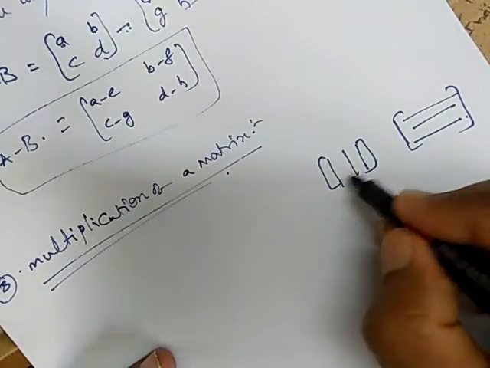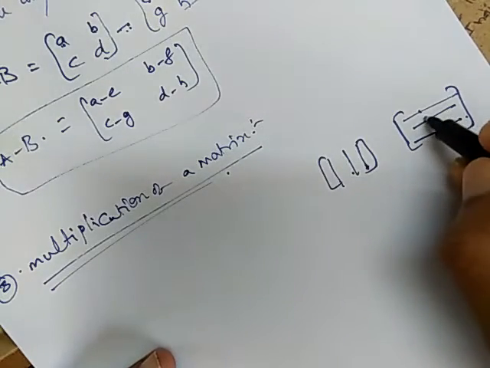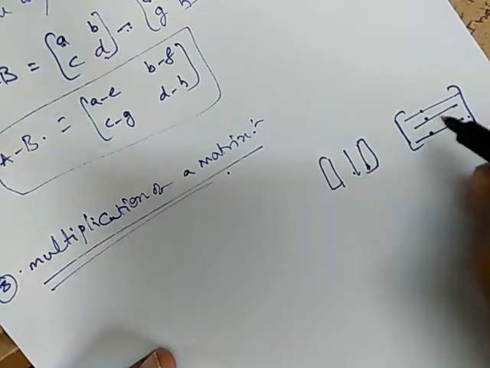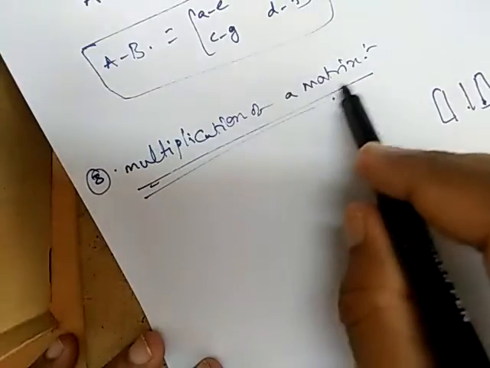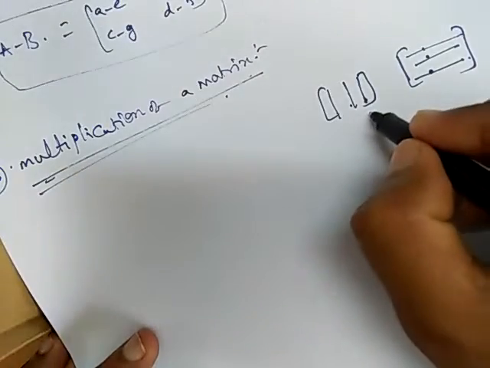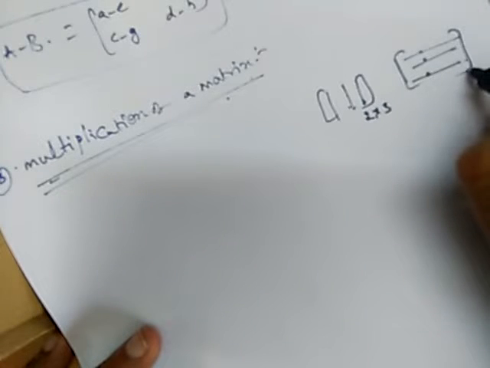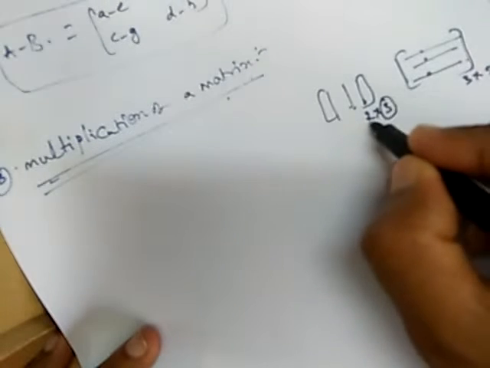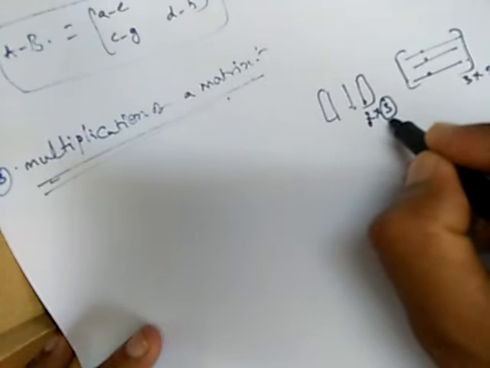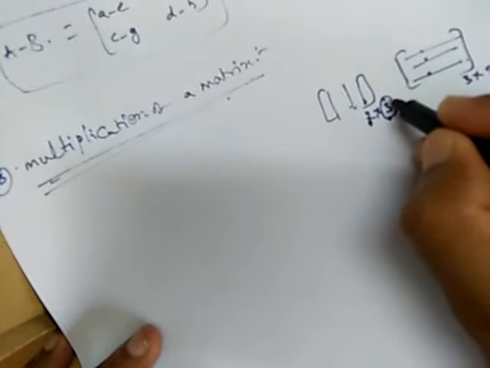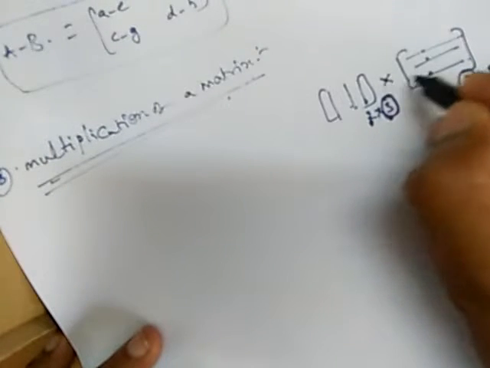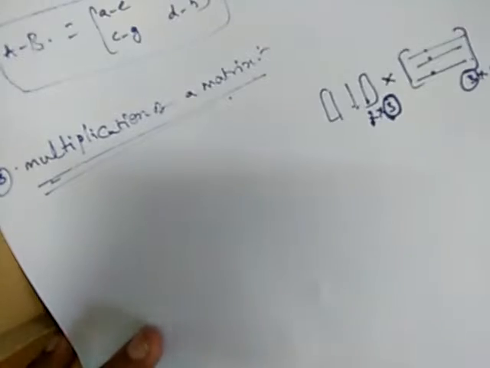Only then is matrix multiplication possible. Suppose this is a 2 by 3 matrix, then the other should be a 3 by 2 matrix. The first number denotes rows and the second denotes columns. So if the number of columns equals the number of rows, then matrix multiplication is applicable.